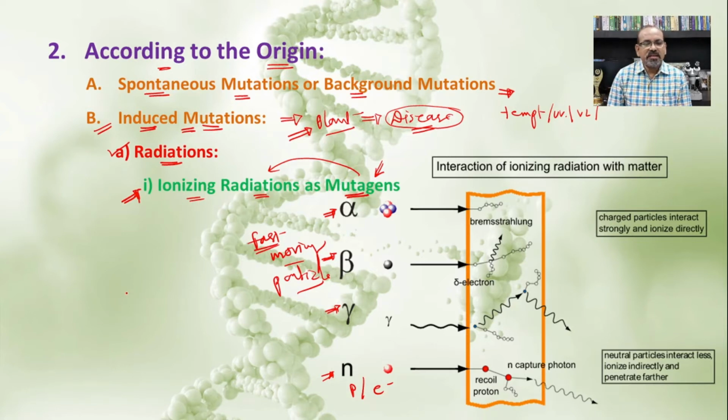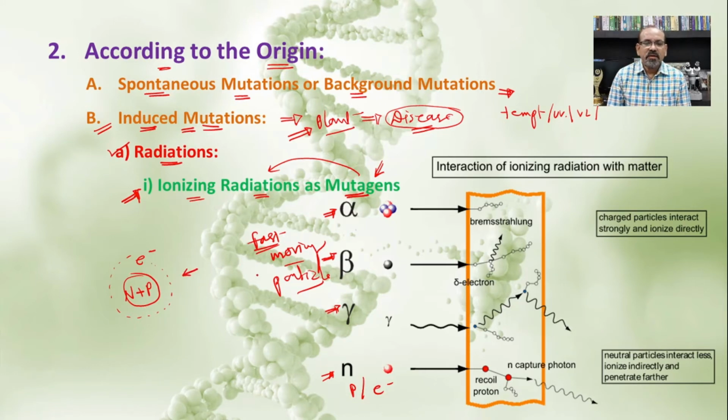If we see the structure of any atom, it is made up of protons and neutrons, that is the nucleus, while the electrons revolve around it, and because of the fixed energy levels the atom is neutral.